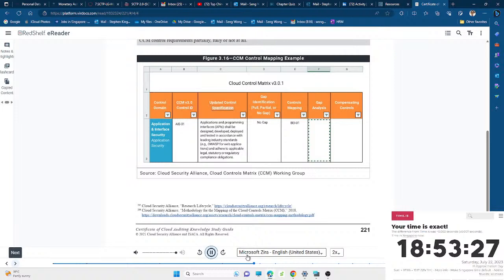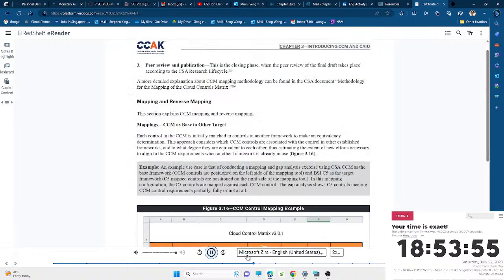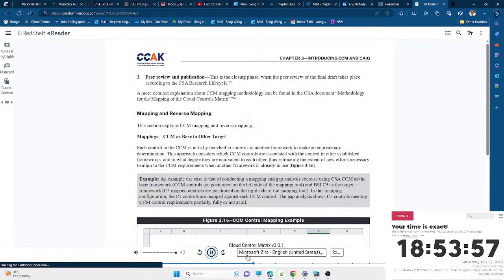Updated control specification: applications and programming interfaces (APIs) shall be designed, developed, deployed, and tested in accordance with leading industry standards (e.g., OWASP for web applications) and adhere to applicable legal, statutory or regulatory compliance obligations. Gap identification: full, partial, or no gap. Controls mapping, gap analysis, compensating controls. No gap. Source: Cloud Security Alliance, Cloud Controls Matrix (CCM) Working Group. Certificate of Cloud Auditing Knowledge Study Guide, Copyright 2021 Cloud Security Alliance and (ISC)2. All rights reserved. Chapter 3, Introducing CCM and CAIQ.